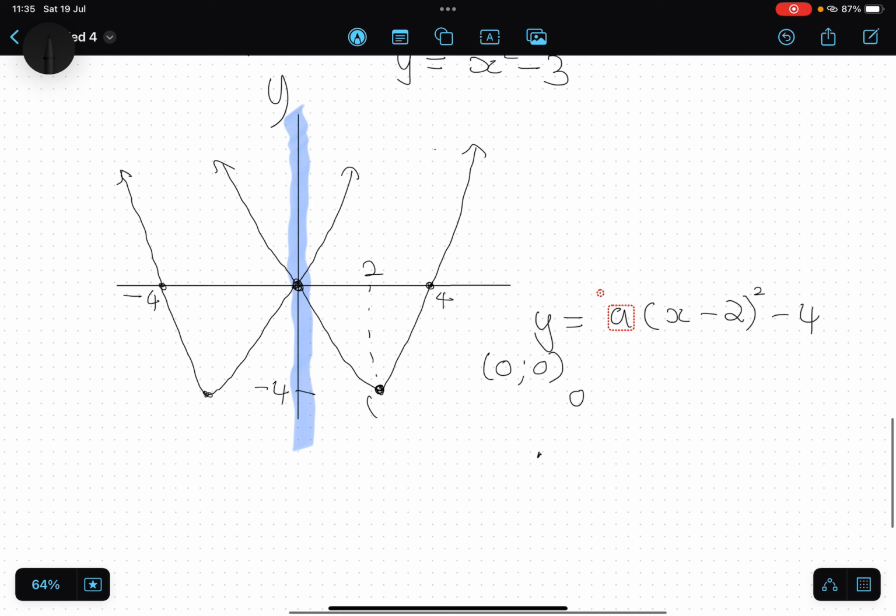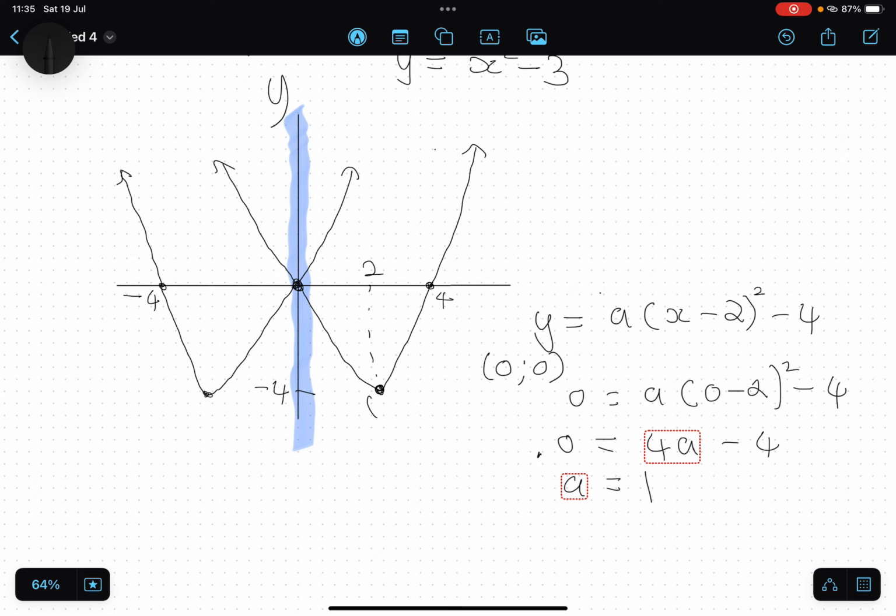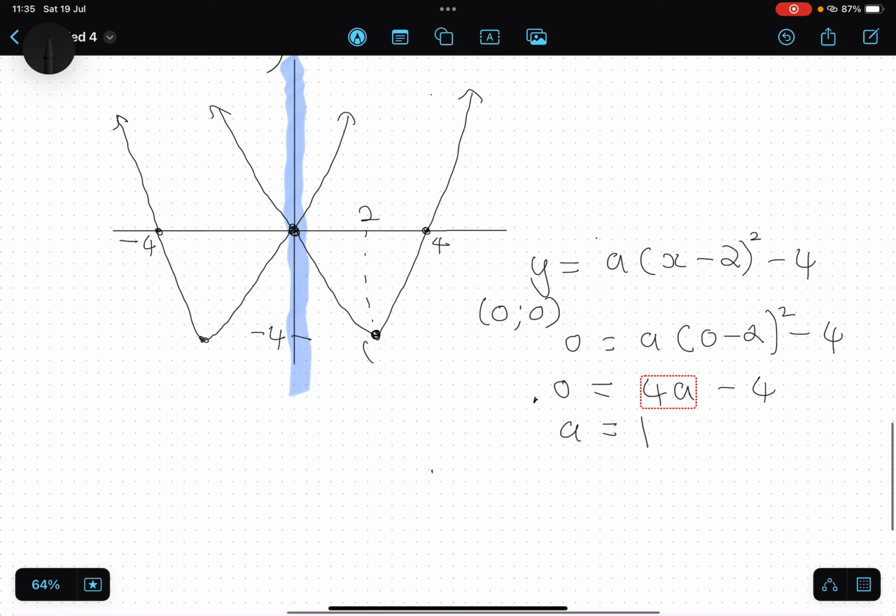Okay, to get A, if you don't know how to do this, you go look at the other videos that I made. Okay, we're going to solve for A. That's going to be 4A minus 4. So A is equal to 1. Okay, so now we have our equation and we're going to reflect it.